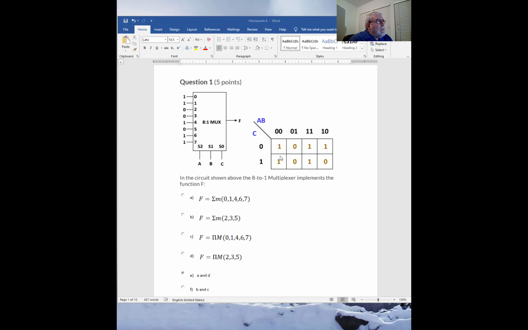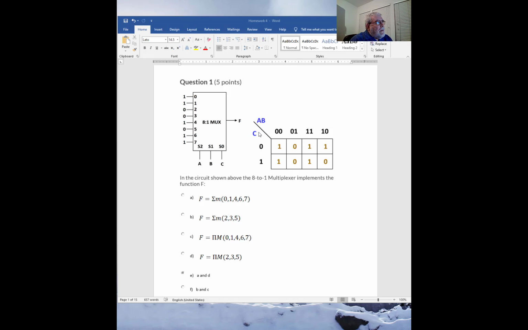And this is the K-map or the truth table for this function. Remember, the way you do it is that you use the selection inputs A, B, and C and start changing them. For instance, when you have A=0, B=0, C=0, this is the input that you're going to have.